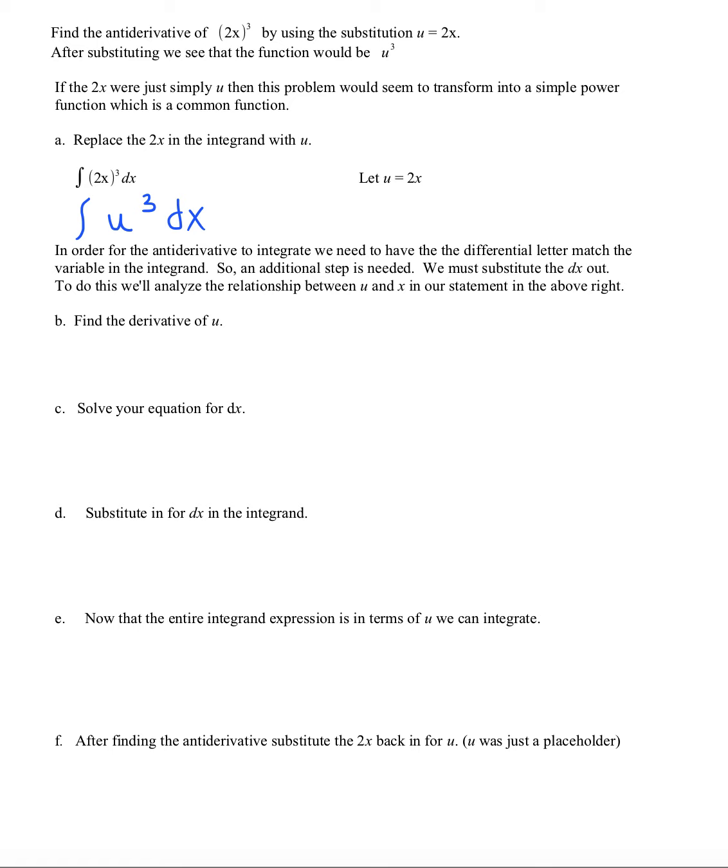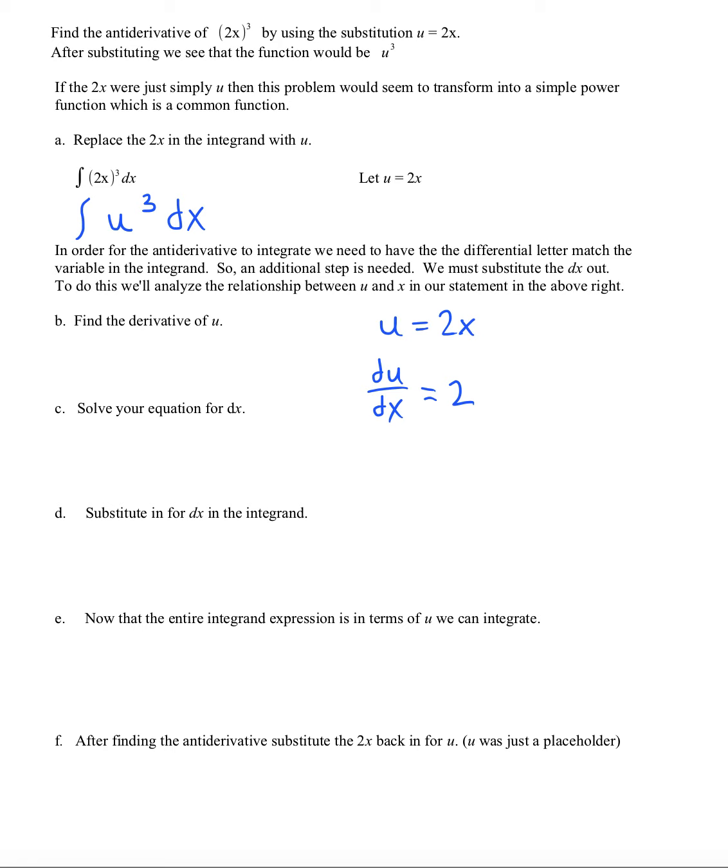So in order to make them match, we'll analyze the relationship between the differentials, du and dx. So let's find the derivative of u. Well, according to our definition here, u was chosen to be 2x. So taking the explicit derivative here, du over dx would be 2.